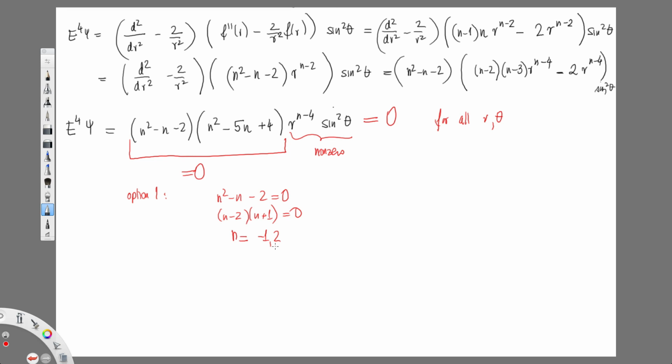So basically 1 over r or r squared are my power functions that work here. It's not necessarily a polynomial, it could have 1 over r in there too. And my option 2 is that n squared minus 5n plus 4 is equal to 0. And this is really n minus 1 times n minus 4 is equal to 0.